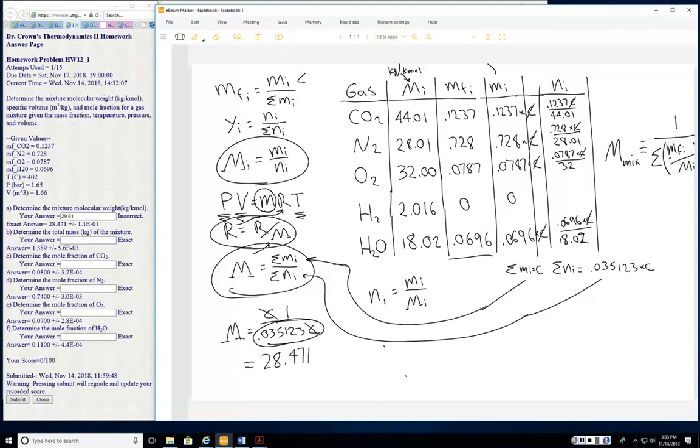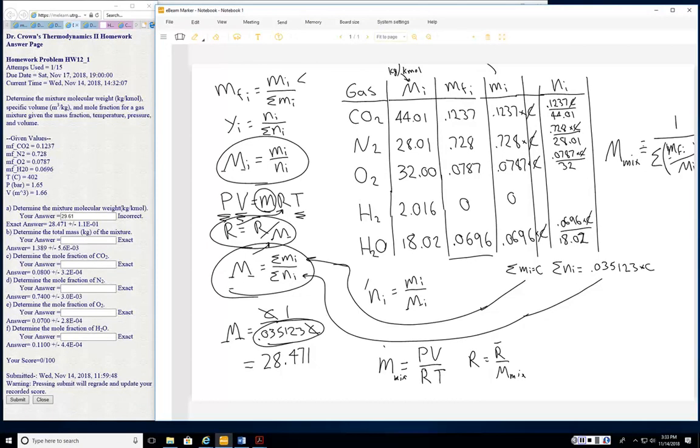So the mass equals P of the mixture, V of the mixture over the gas constant that I just found times the temperature of the mixture, where R equals the universal gas constant over the mixture molecular weight, and that will give me the mass of the mixture.